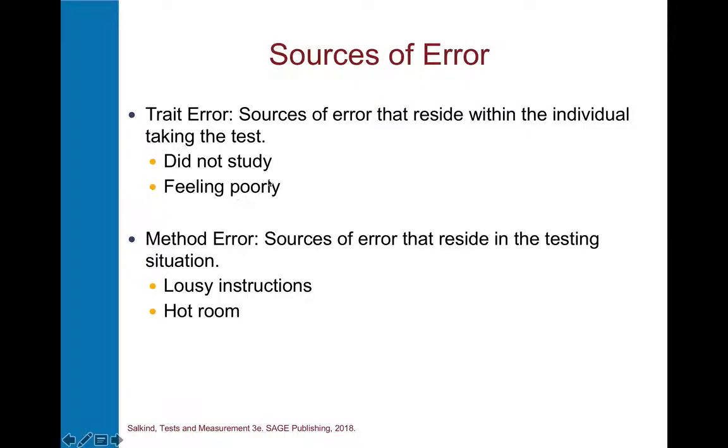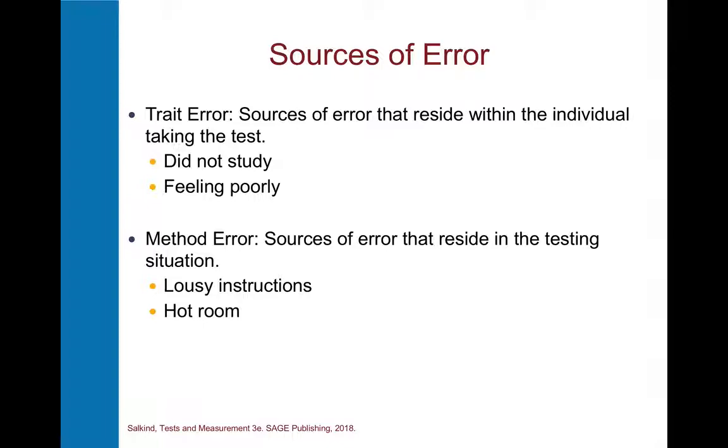So trait errors are sources of error that reside within the individual taking the test, such as, I didn't study properly, I forgot to set the alarm, I'm feeling really poorly, and that is affecting your scores. And then you have the method errors, so sources of error that reside in the testing situation itself, basically not within that individual, so lousy instructions, a terribly hot room, so on and so forth.